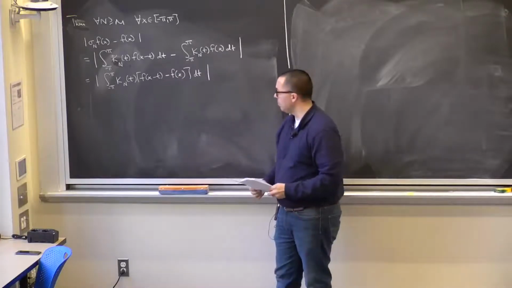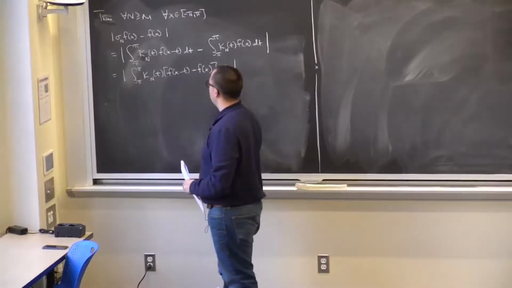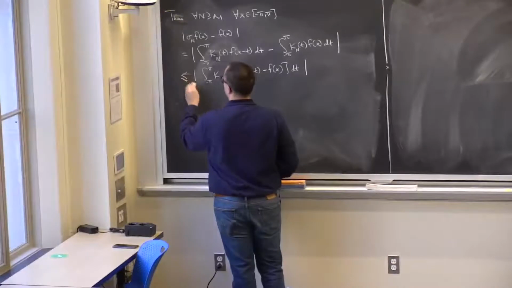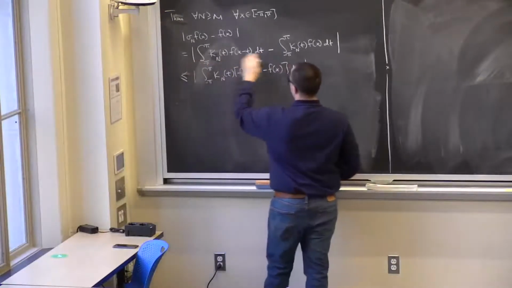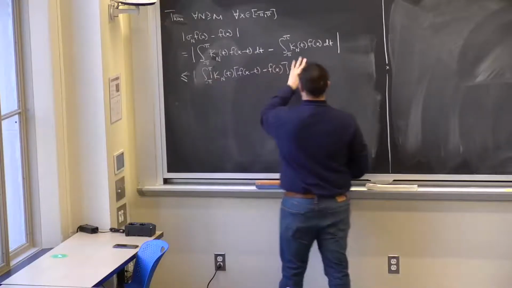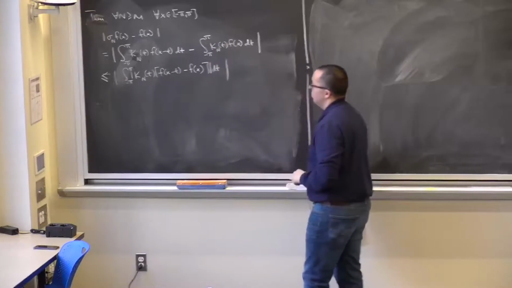Okay? Now, I'm going to split this integral into two parts and then use the triangle inequality and bring the absolute value inside. In fact, I'm going to go ahead and do that here. This is less than or equal to, if I combine terms like I did and then bring the absolute value inside, okay?